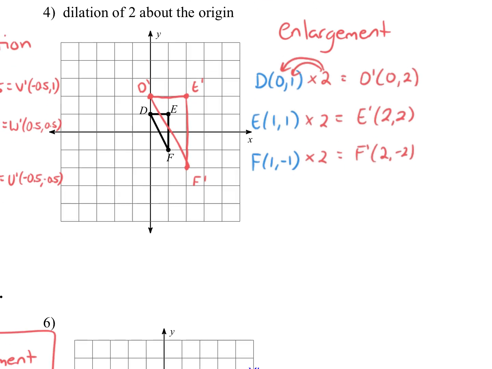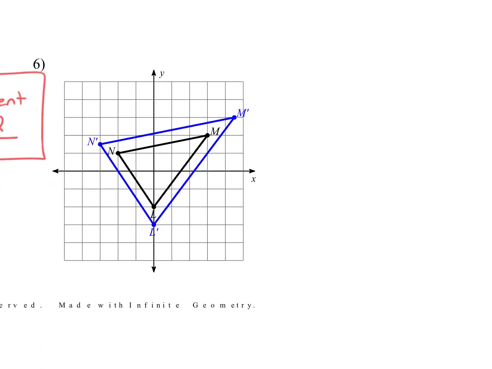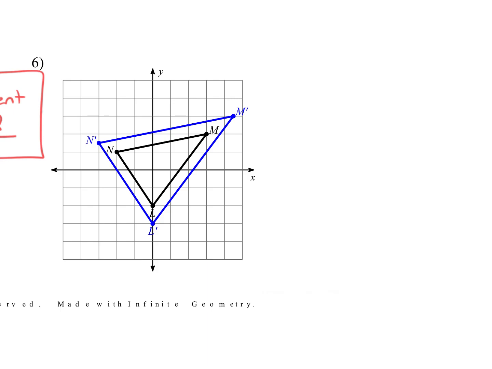All right, last one we're going to talk about is number 6. What do we need to figure out first? Coordinates could help with that. Let's figure out if it's an enlargement or reduction first. Which one? It is an enlargement. Now we want to know by how much. Find our scale factor. What's the trick that I shared with you?